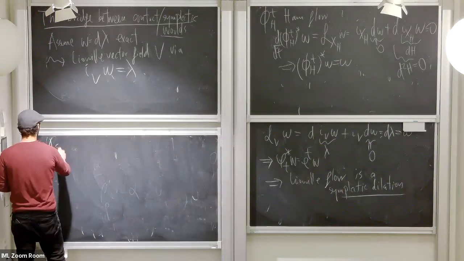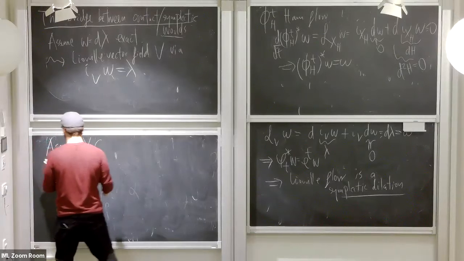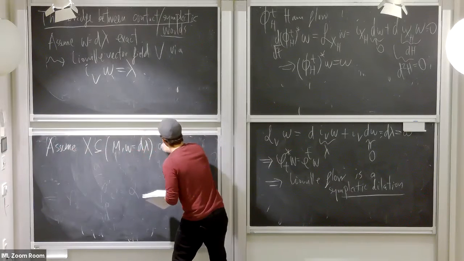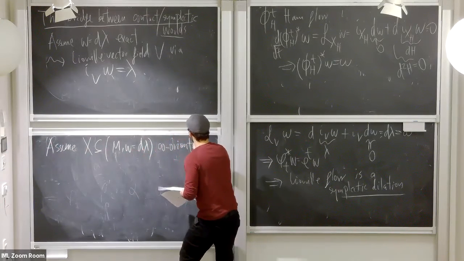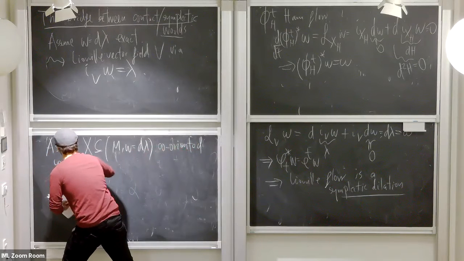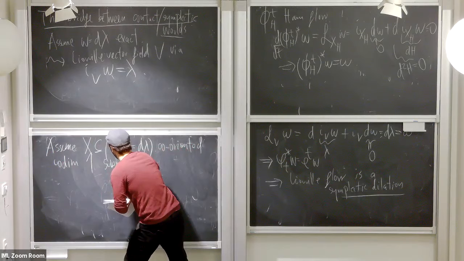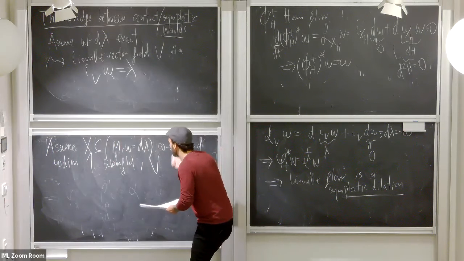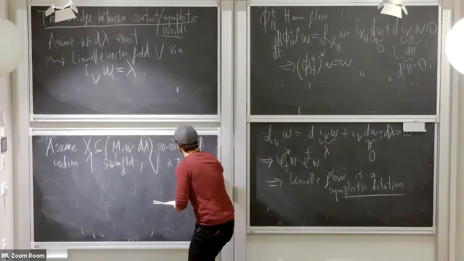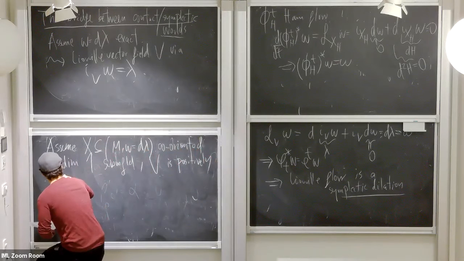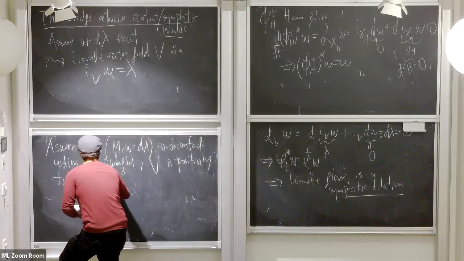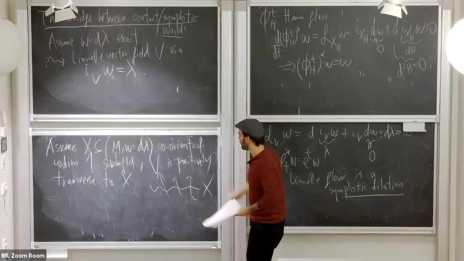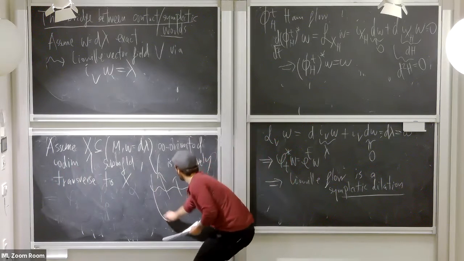So assume that some submanifold X inside (M, omega), where omega is exact, is a co-oriented codimension 1 submanifold, and assume that the Liouville vector field associated to lambda is positively transverse to X. So you have X here sitting inside M, and the Liouville vector field is transverse according to the co-orientation of X.